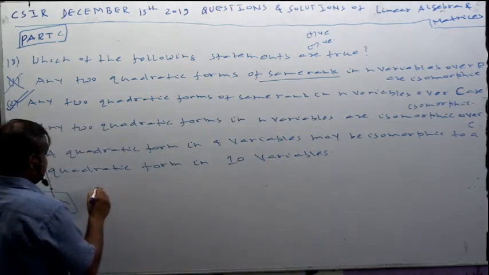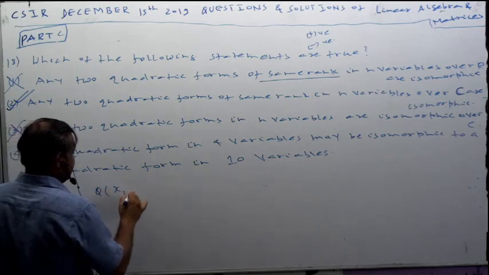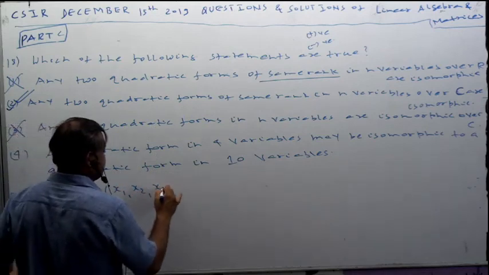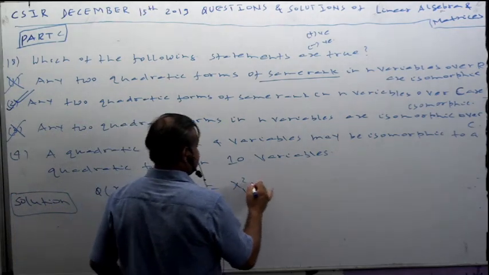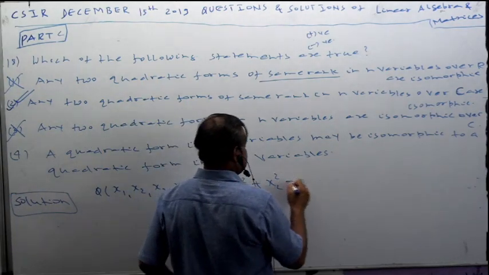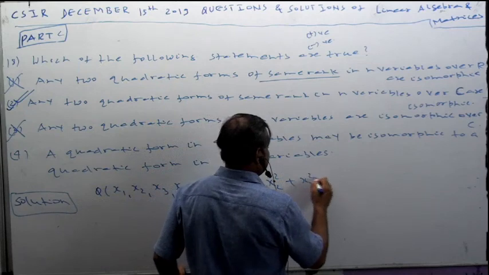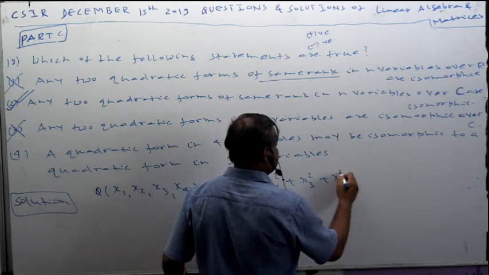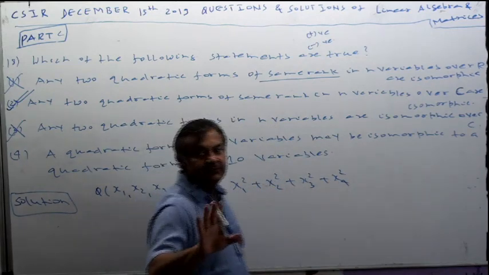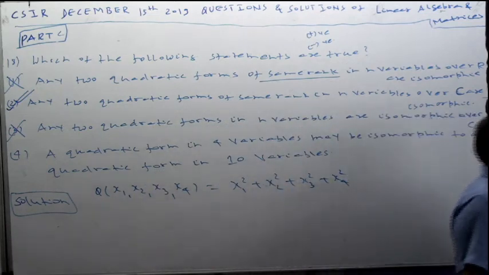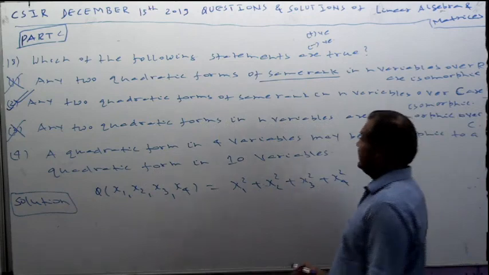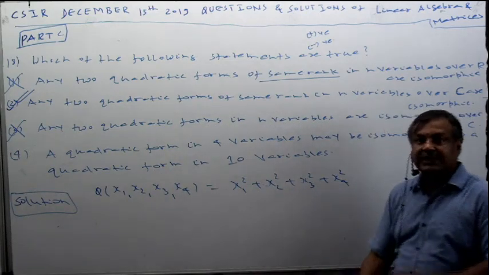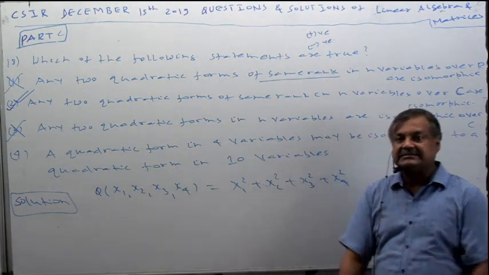If I take one quadratic form q(x1, x2, x3, x4) equals x1 square plus x2 square plus x3 square plus x4 square. See, all the 4 terms are positive. 4 positive terms, no negative term, no zero term. No trouble. We watch only positive and negative to get rank and signature.